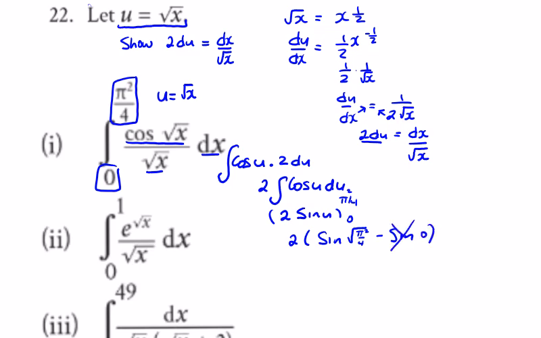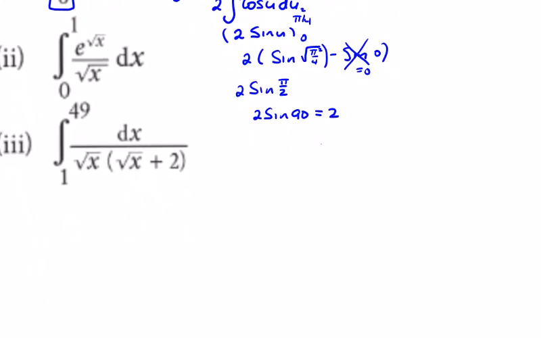So we have twice the sine of the square root of pi squared over 4, which gives pi over 2. Oh, this works out nicely, so twice the sine of 90 is equal to 2 for the first one.